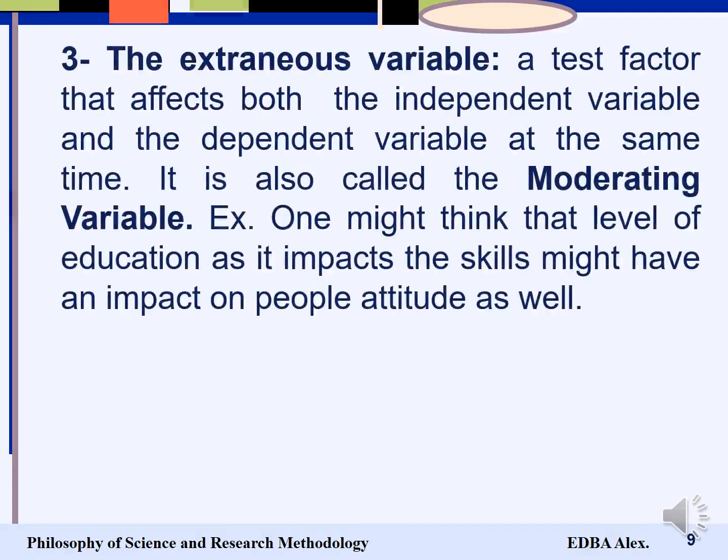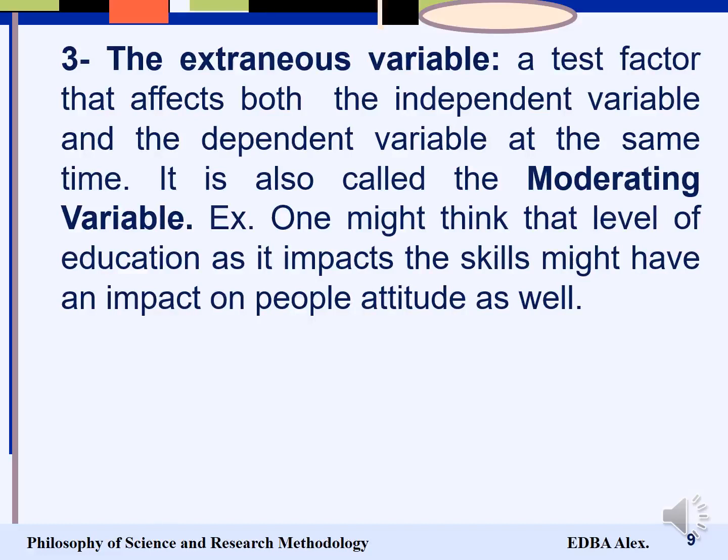The third variable here is called the extraneous variable. The extraneous variable is a test factor that affects both the independent variable and the dependent variable at the same time. It is also called the moderating variable. This is just an example here.